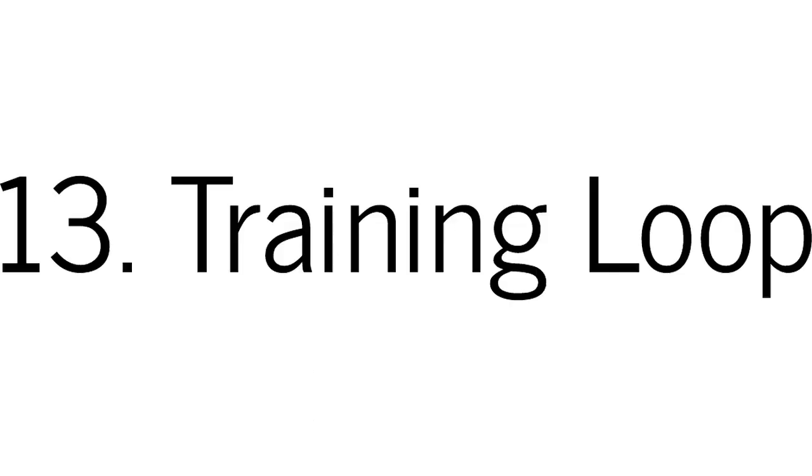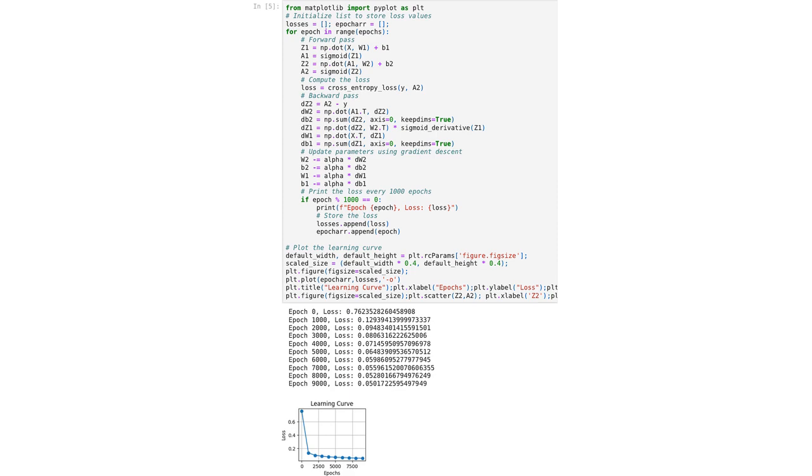This code block contains the training loop, which is where the network actually learns. For each of the 10,000 epochs, we perform a series of steps. First, in the forward pass, we push our data through the network to generate predictions. Then, we compute the cross-entropy loss to measure the error. The backward pass follows, where we calculate the gradients for all the weights and biases, determining how each parameter contributed to the error.